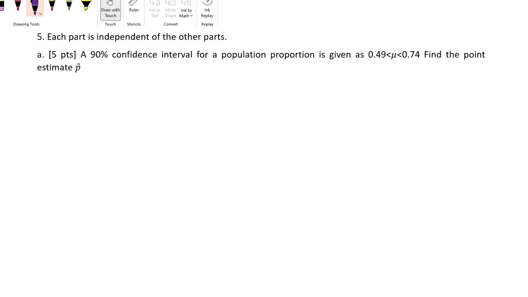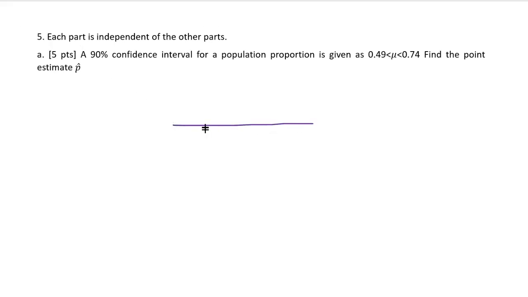Well, for this one, here's 0.49 and here's 0.74. And the way we get the confidence interval is by first obtaining the sample proportion, and then we calculate the margin of error, and we add the margin of error E to get to this highest value, and we subtract the margin of error E to get the lowest value, right?